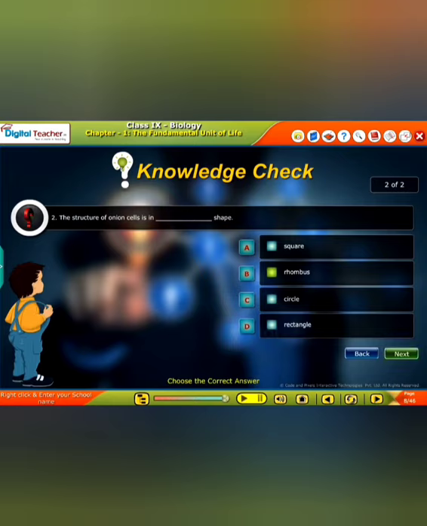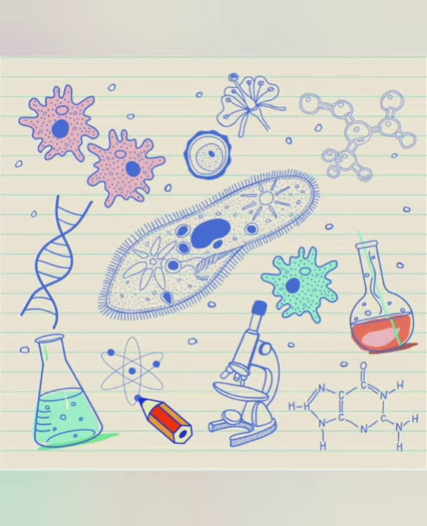Option A, square. Option B, rhombus. Option C, circle. Option D, rectangle. You find out the answer for these MCQ questions and let us check the answer in the next class.